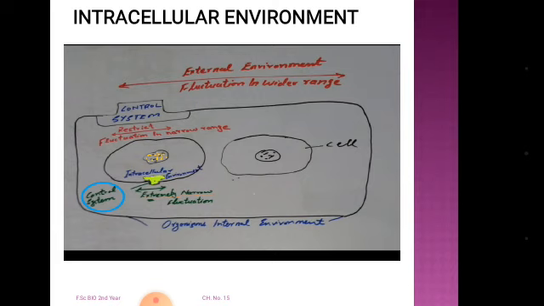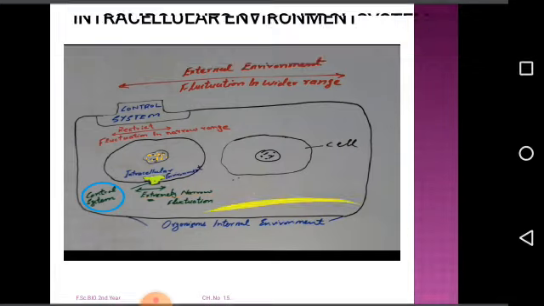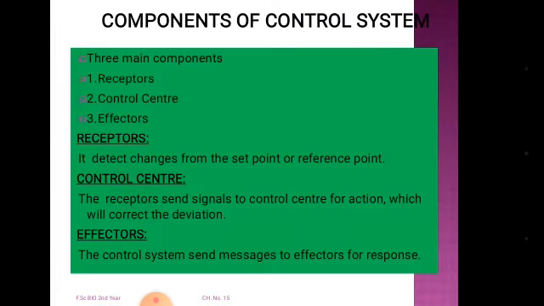These organisms, or the cell, will maintain the homeostatic condition by a control system. The control system mainly consists of three components: the receptors, the control center, and the effectors.